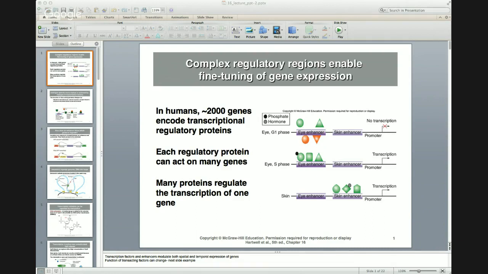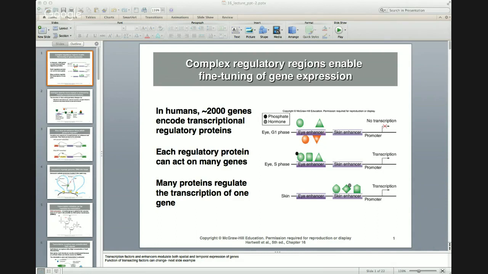They can function by competition with the activator. They can function by quenching the activator, that is blocking the activation domain of the activator. They could also function by sequestration, cytosolic sequestration, preventing the activator from getting into the nucleus.